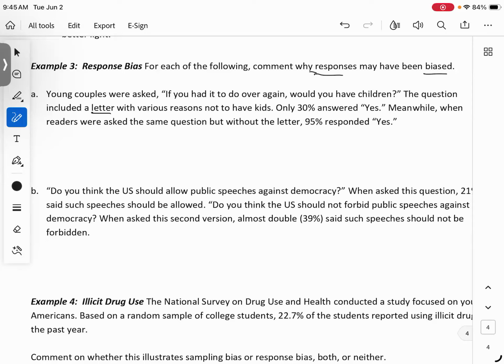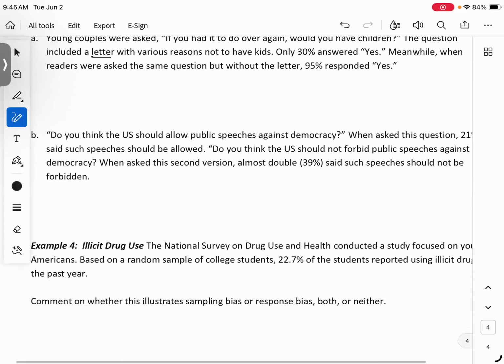The letter might freak people out and scare them about the challenges of being a parent, so they're going to say no, I wouldn't do it all over again. You want to be real explicit, real detailed about your answer. The letter might freak people out or get them worried or scared, so that they say no. I don't want to do it all over again.